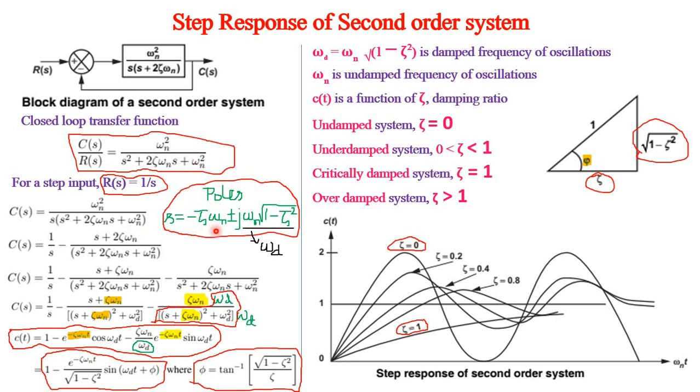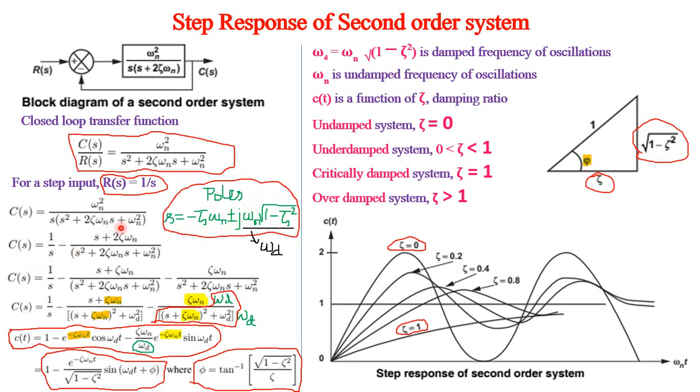We will get minus zeta omega n plus or minus j omega n into root of 1 minus zeta square. So minus zeta omega n is the real part, and omega n into root of 1 minus zeta square is the imaginary part. This relation is applicable when zeta is greater than 0 and less than 1.